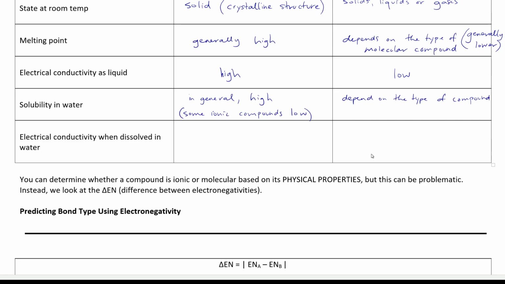It's a type of fat. It has very low solubility in water. Whereas alcohol, like the alcohol found in hand sanitizer, has a very high solubility in water. So both are molecular compounds, but one is low solubility in water and one is high solubility in water. So again, it really does depend on the type of compound. Whereas with ionic compounds, in general, ionic compounds are quite soluble.